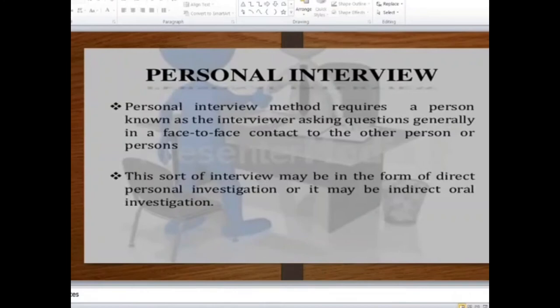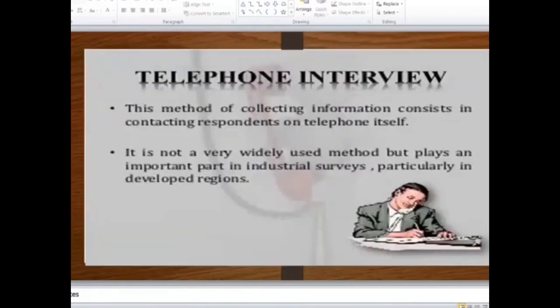This sort of interview may be in the form of direct personal investigation or it may be in the form of indirect oral investigation. And the other type is telephone interview. This method of collecting information consists in contacting the respondents on telephone itself.